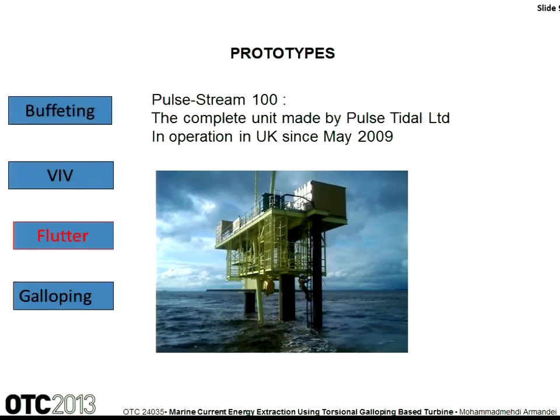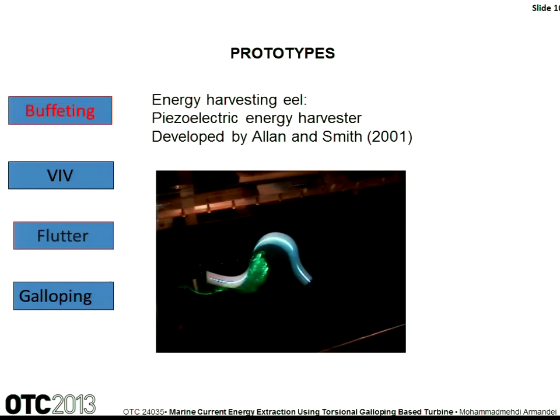Some industrial prototypes were also made based on hydrodynamic flutter. The most famous one is Pulse Stream 100, made by Pulse Tidal Ltd, and it has been in operation since May 2009 in the United Kingdom.